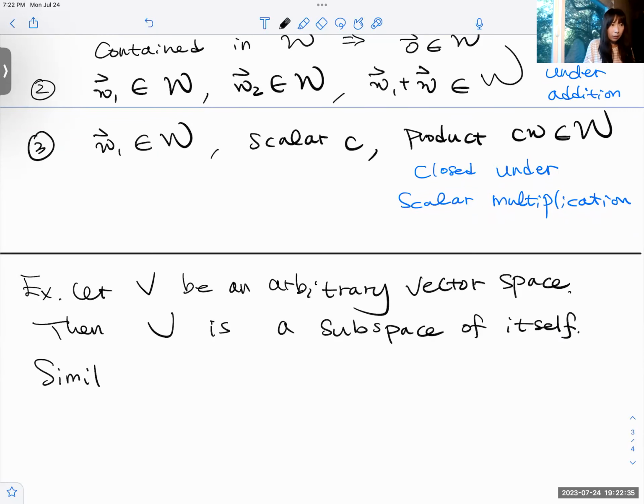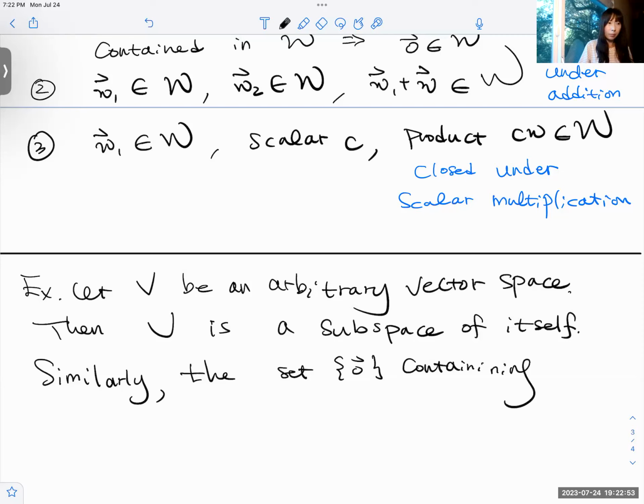Similarly, the set containing only the zero vector is also a subspace.